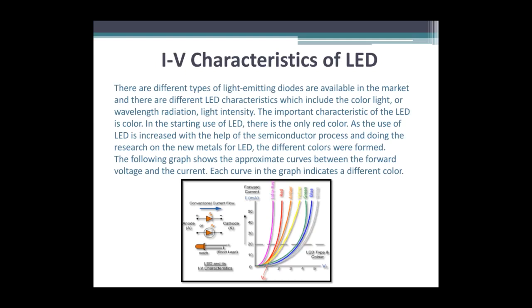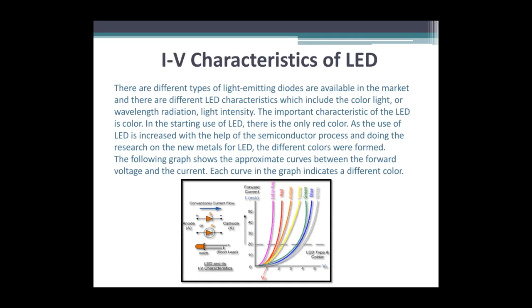IV characteristics of LEDs. There are different types of LEDs available in the market. There are different LED characteristics, which include color, light wavelength, radiation, and light intensity. The important characteristic of an LED is color. In the starting use of LEDs, there was only red color.